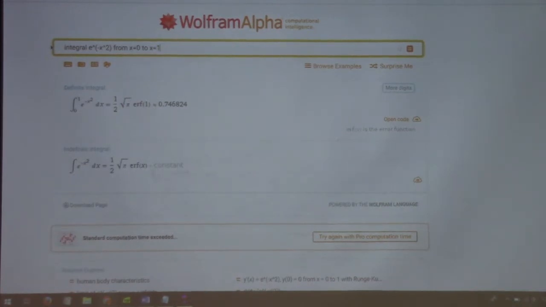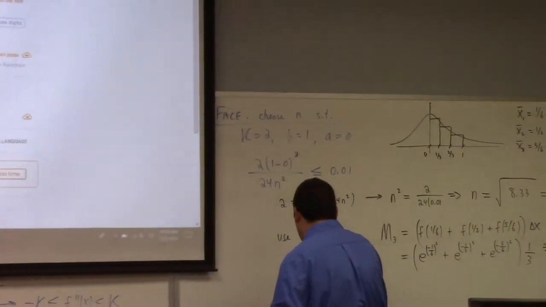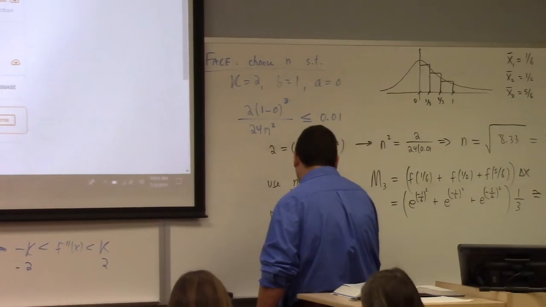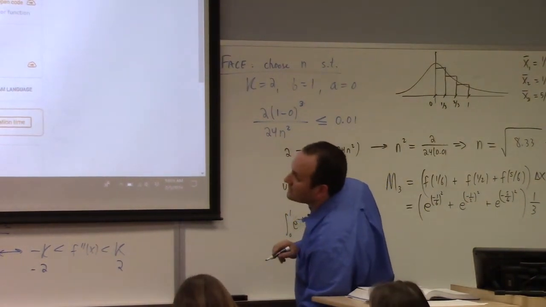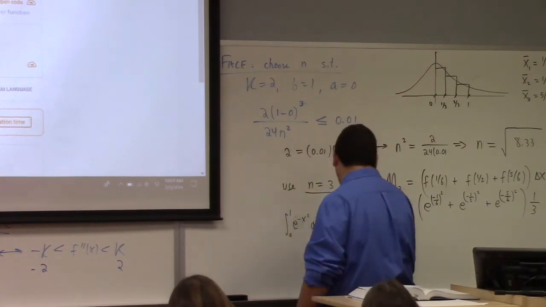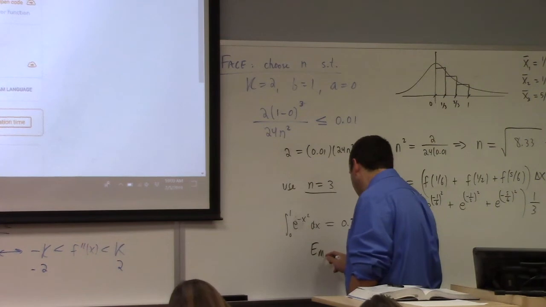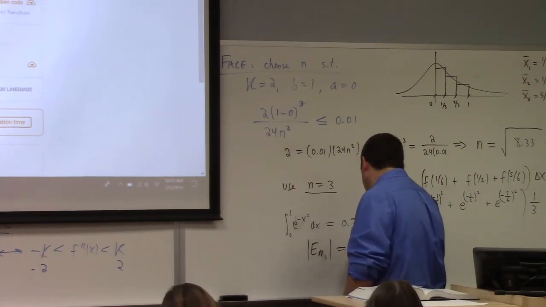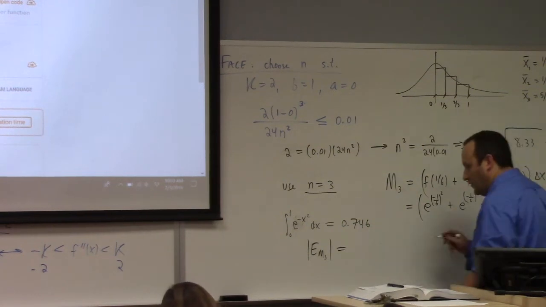what's the error? So the actual integral, if you trust Wolfram Alpha, is 0.746. So what's the actual error here in M3? It's about what? 0.004, right?